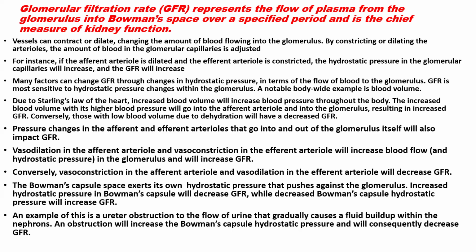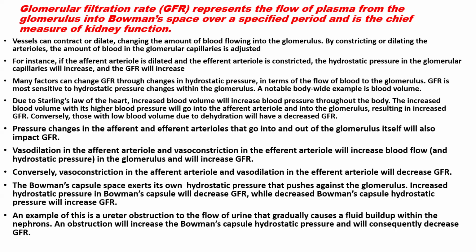So your vessels can contract or dilate based on the amount of blood that's flowing in to the kidneys. If the afferent arterioles are dilated, the efferent arterioles are constricted, then that can change the hydrostatic pressure. It can cause it to increase, and that is going to increase your glomerular filtration rate. Okay, you can also have vasodilation in the afferent arterioles. Vasoconstriction in the efferent arteriole.